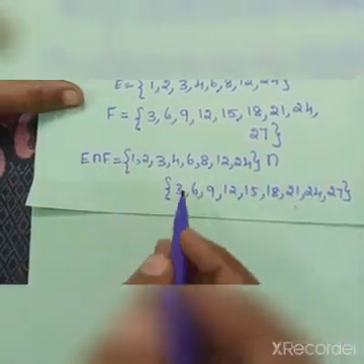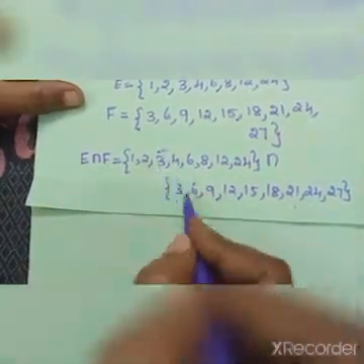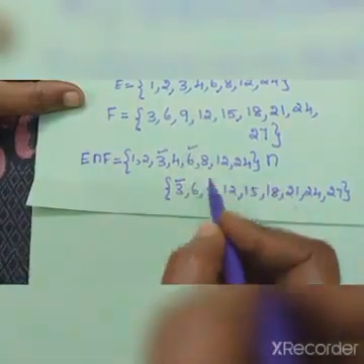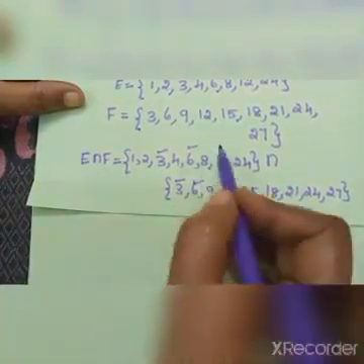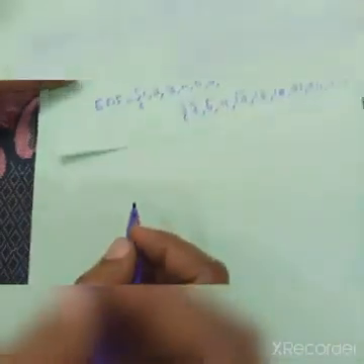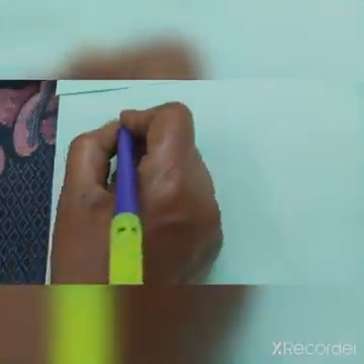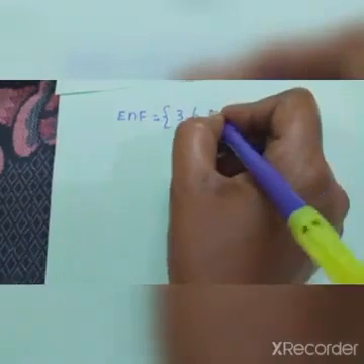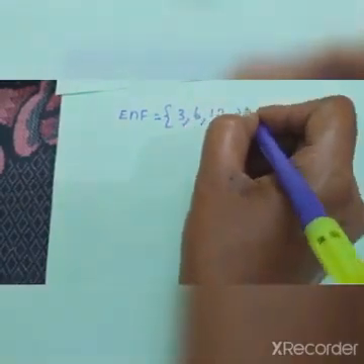So here which are the common elements? 3, 3; 6, 6, is it? Then 12 is there. 24 also is there. So we have to write: E intersection F is equal to {3, 6, 12, 24}.